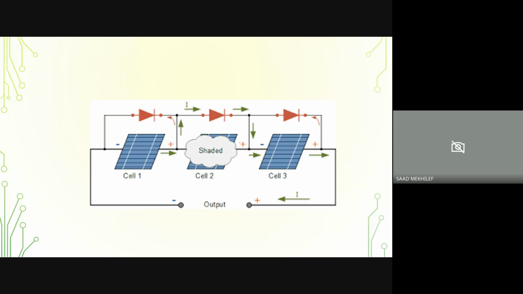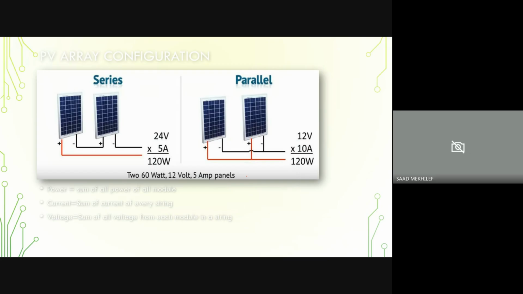We bypass it. We lose one cell, but we still have power produced, though less. If we don't have these diodes, what we get here is zero, plus the damage to this cell, because the current will drop across it and it will be damaged with time.